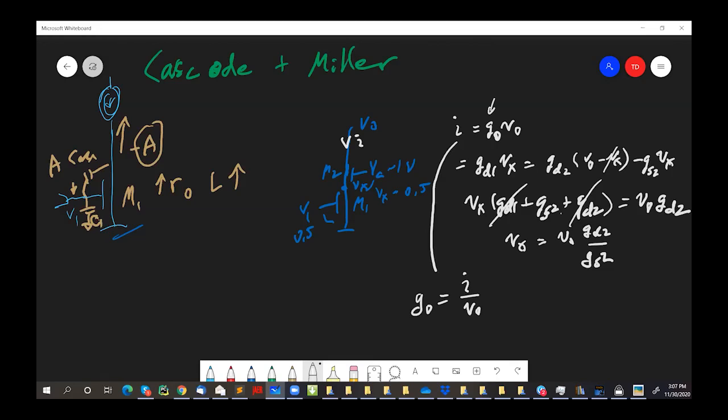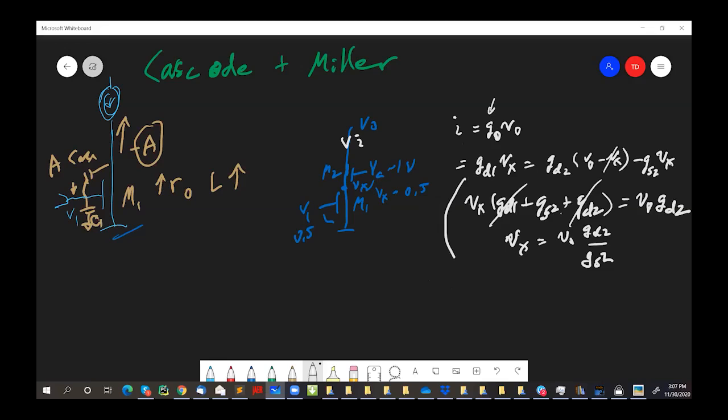Let's take this from this equation here. I divided by, let's see, I think there's something wrong here. Sorry, guys. Now I can get rid of Vx here. This is the right place to do it.